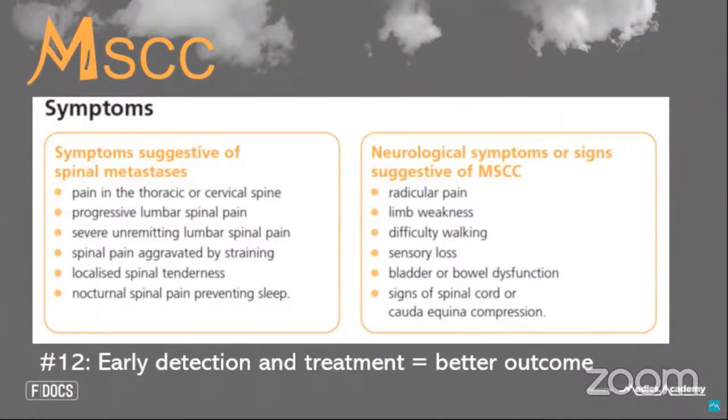And they also need an urgent MRI of the whole spine within 24 hours. And this should be possible because it's NICE guidelines and has been so for more than 10 years now. Radiology departments up and down the country need to be able to offer 24-hour MRIs for this purpose.